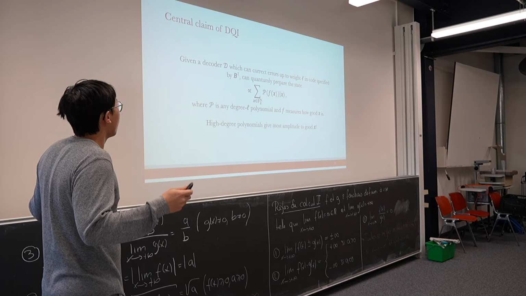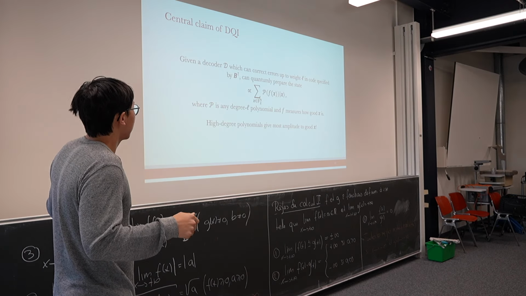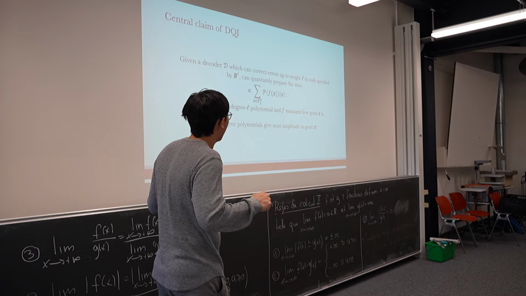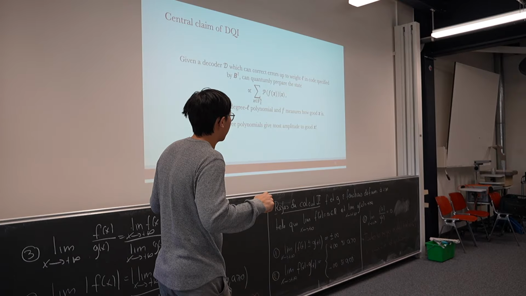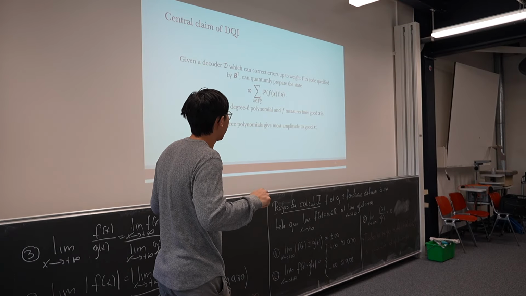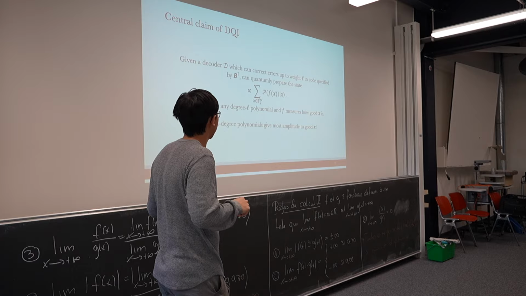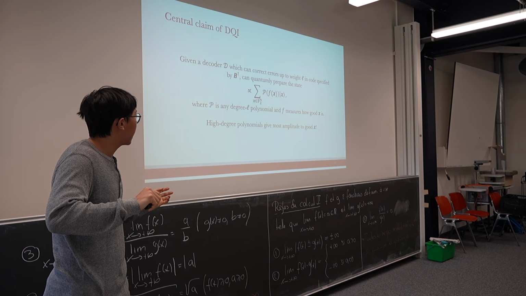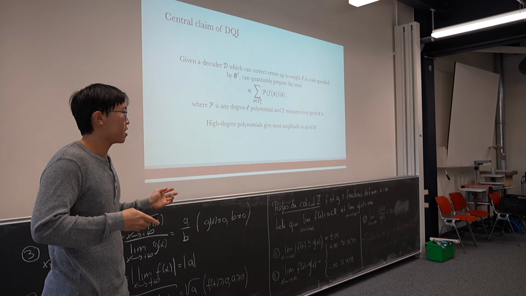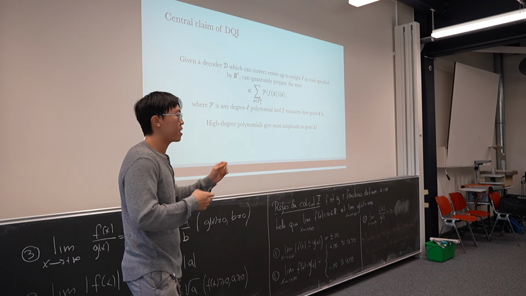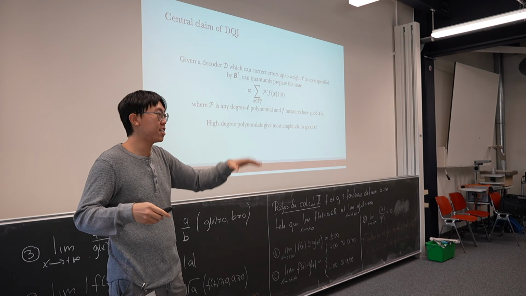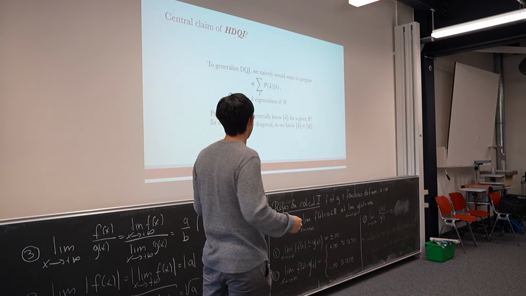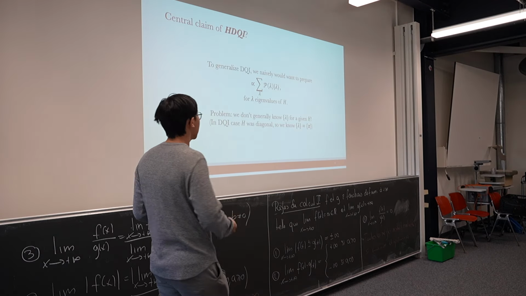All right, so what does DQI do as a starting point? Well, DQI is preparing this polynomial superposition over all the possible bit strings, right? Where this f of x here is measuring the quality of the solution. Now, because f of x turns out to be exactly the energy of the solution x in that Hamiltonian mapping from DQI to HDQI, you might imagine as a first step to generalizing to Hamiltonians that you might want to prepare some kind of state of this form.